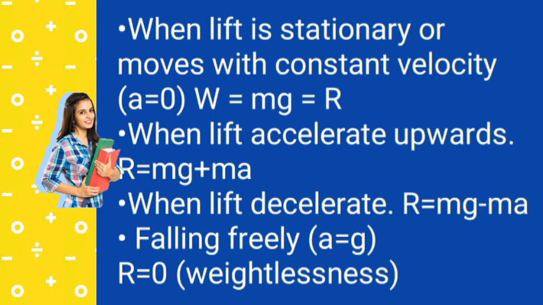So when the lift accelerates upward, then the reaction force that is measured by the spring balance equals the force of the acceleration and the weight of that man, and that gives us R equals ma plus mg.